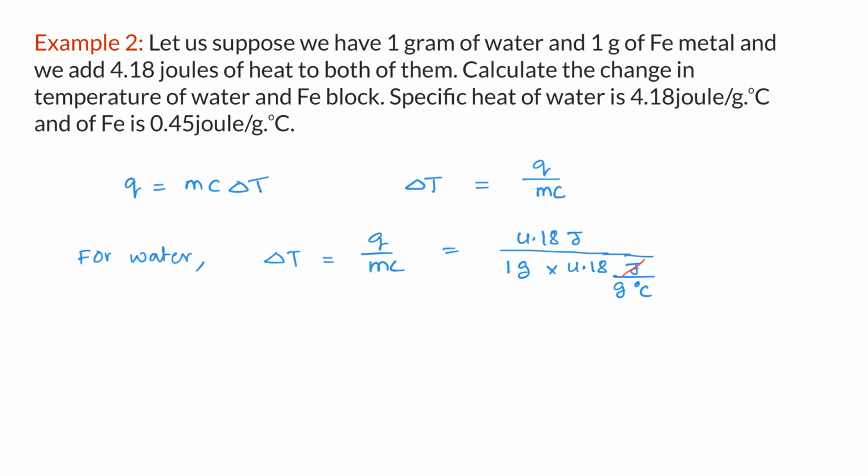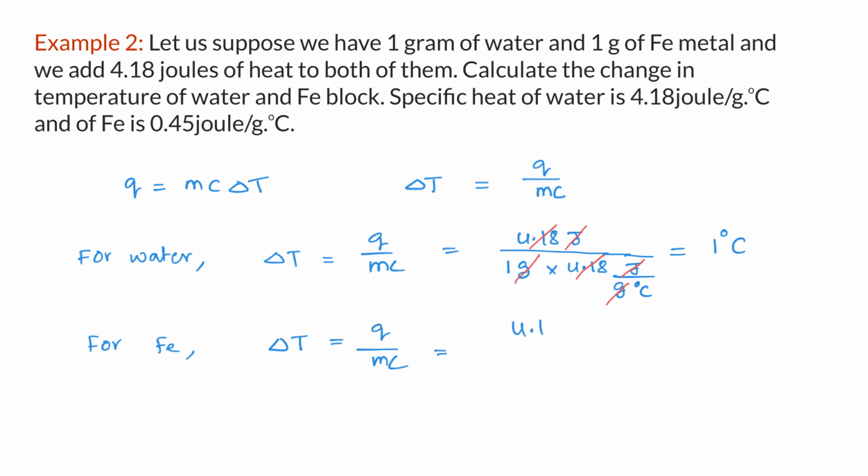Joules and joules get cancelled, gram and gram get cancelled, 4.18 gets cancelled. Delta T is equal to 1 degree Celsius. That is, if we take 1 gram of water and supply a heat of 4.18 joules, its temperature increases by 1 degree Celsius.